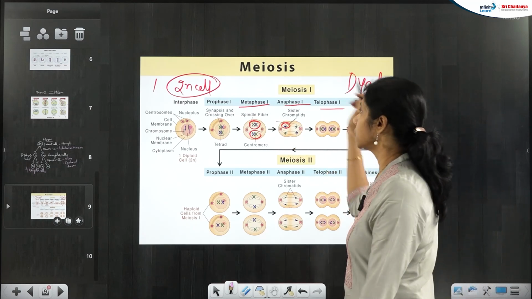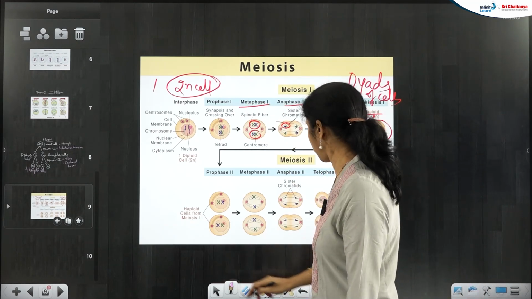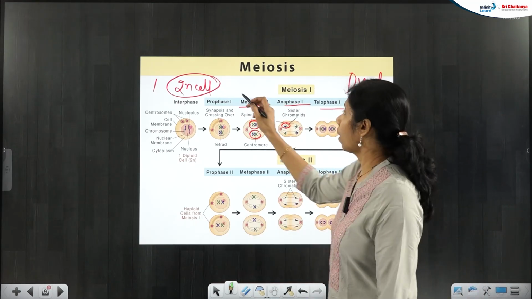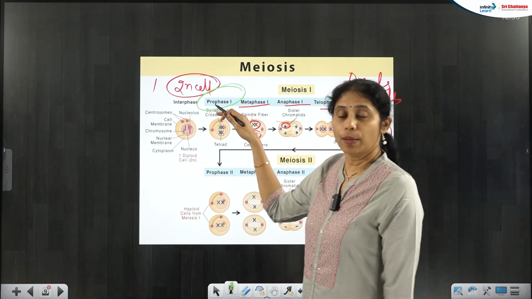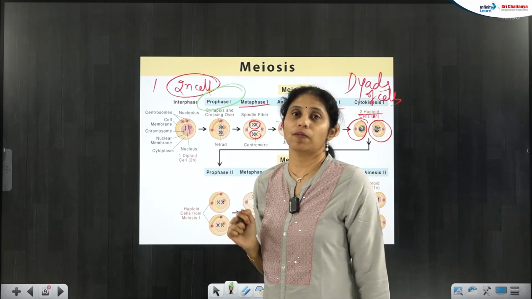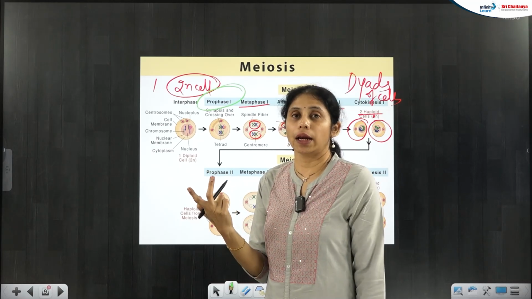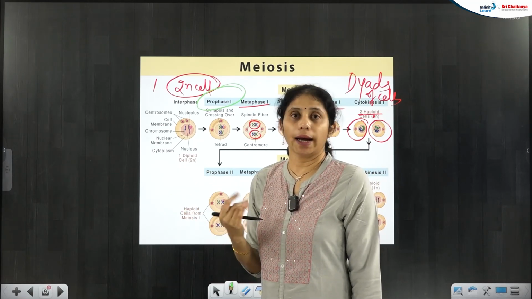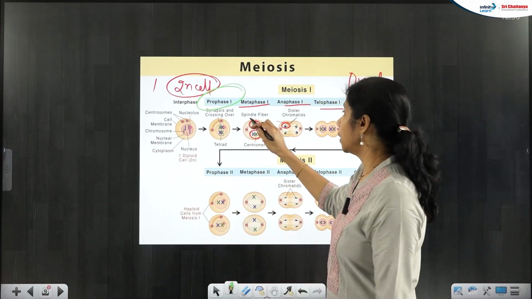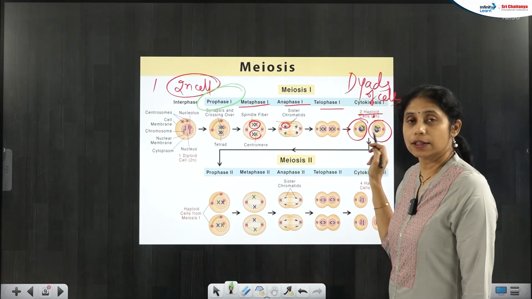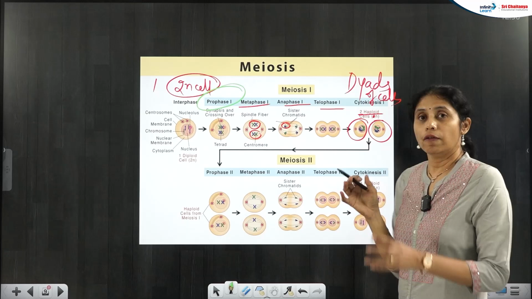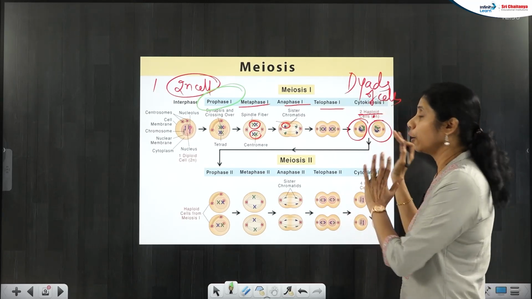In total meiosis, prophase 1 is the longest phase, and it is much more complicated because it is divided into 5 subphases: leptotene, zygotene, pachytene, diplotene and diakinesis. Then metaphase 1, anaphase 1, telophase 1 and cytokinesis 1 result in the formation of 2 daughter cells which are haploid in nature, the dyad of cells.